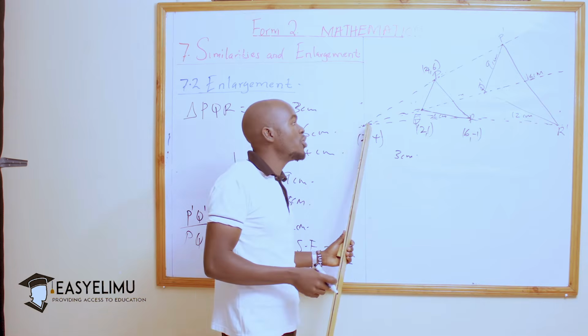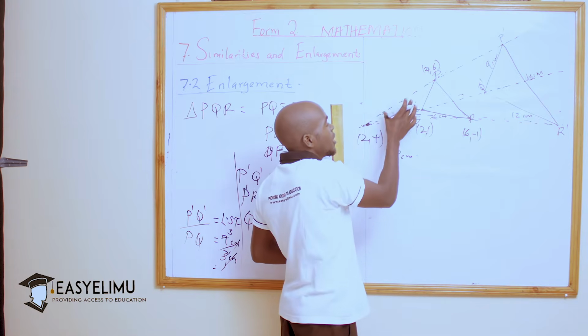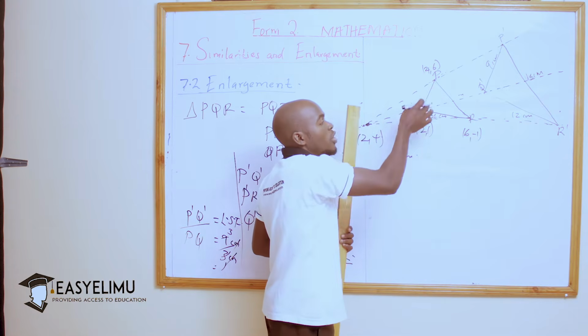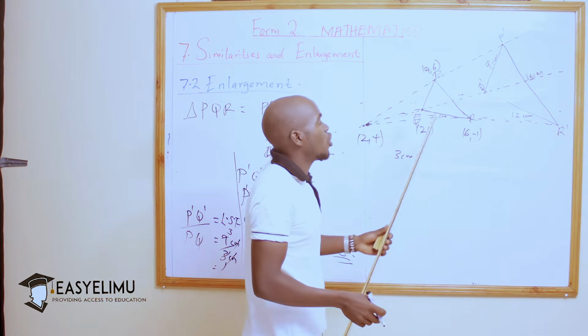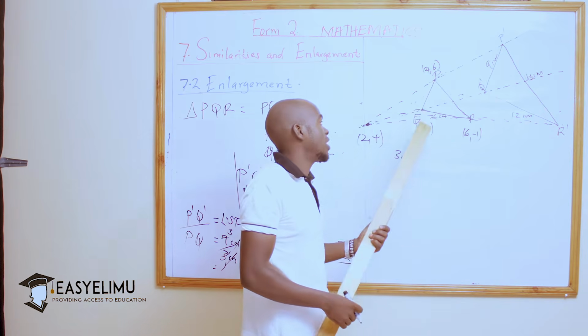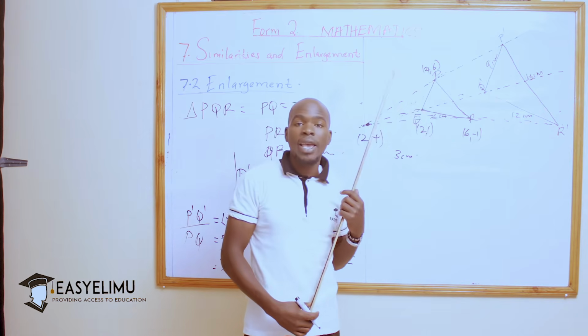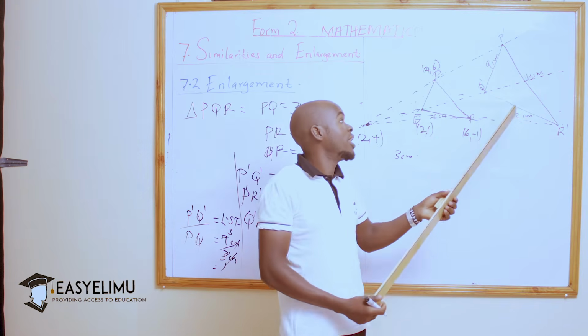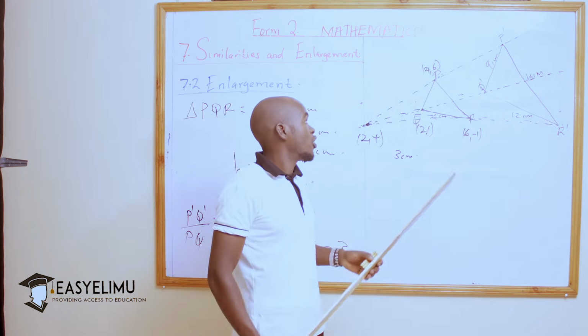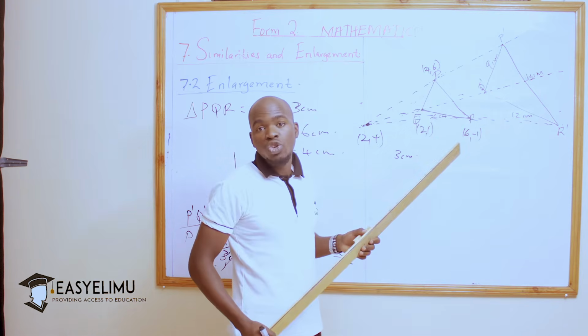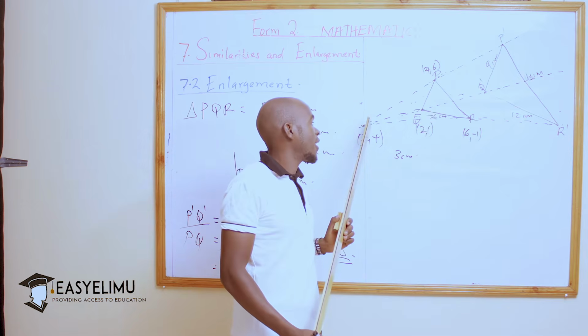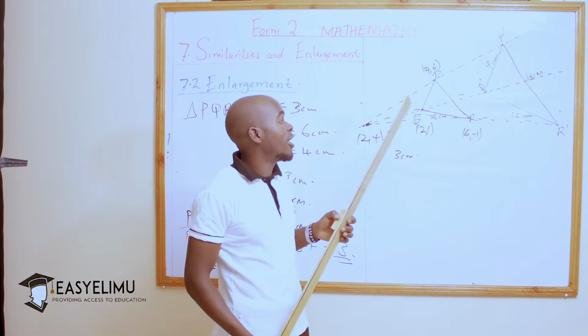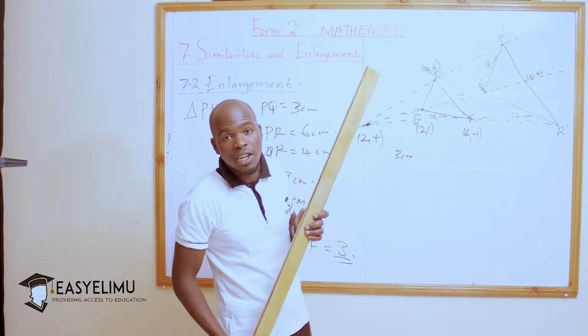So what you will be doing is using the scale factor in between here to construct, and also the lines. Just draw and construct the way there. Maybe you may be issued with the coordinates of the image and the coordinates of the object. Please construct the same, and you will find the center of enlargement. And the scale factor is easy to find.